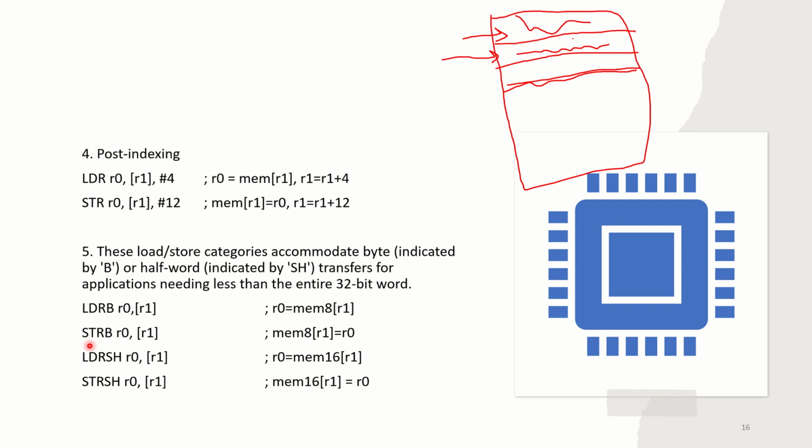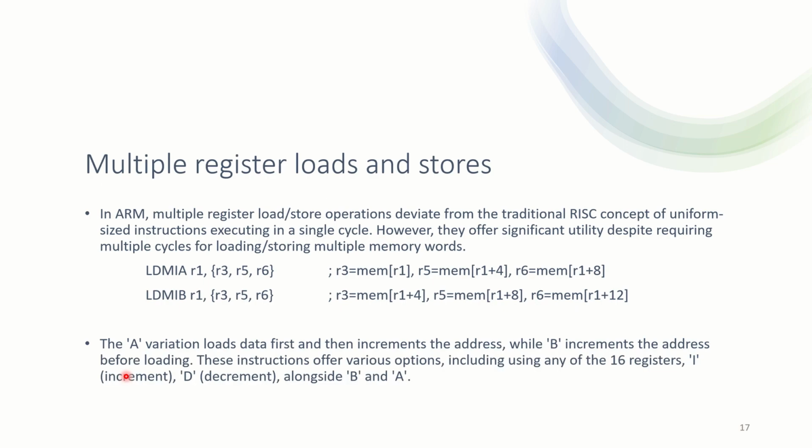So b is for byte and sh is for half word. You can use these instructions.